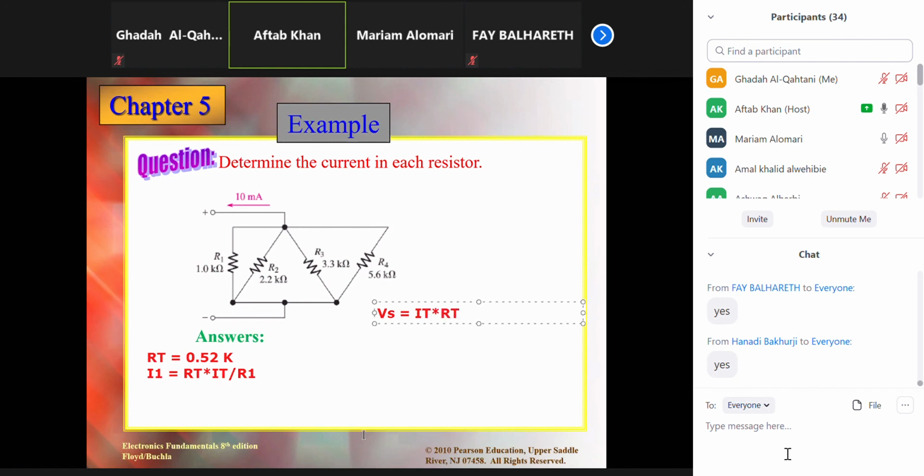After getting this, we can say that V1 is equal to V2, which is equal to V3, which is equal to V4, which is equal to Vs. Then we can apply just Ohm's law. So it will be simply I1 equal to V1 over R1. Clear, girls? This way.